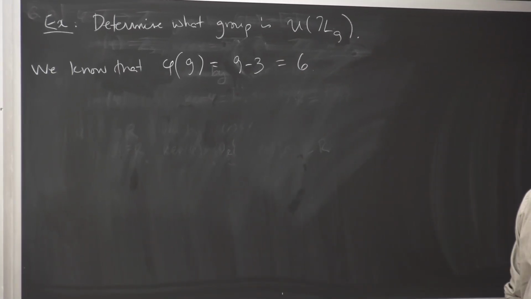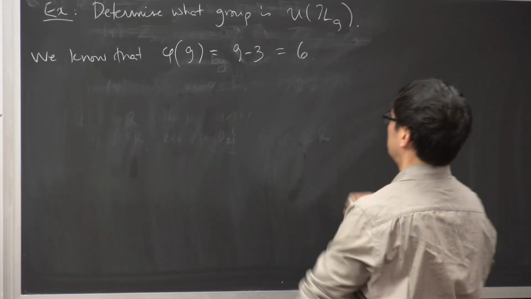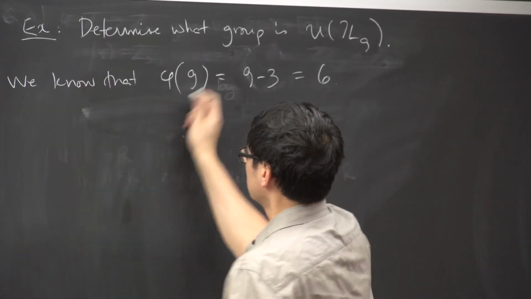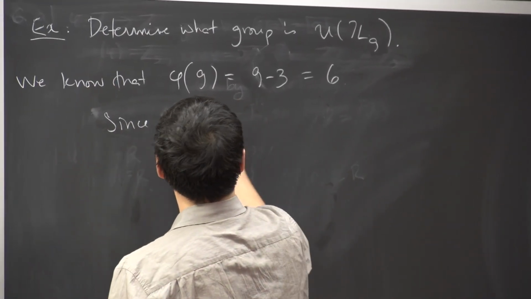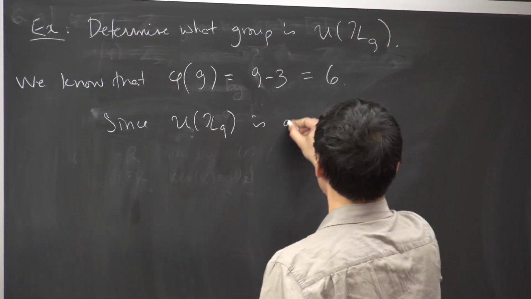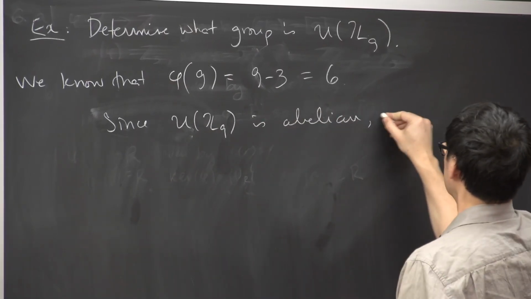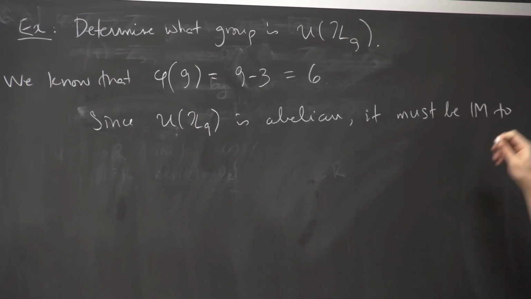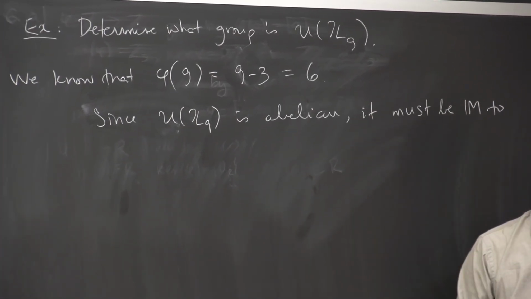That's not such a fun example, because since U of Z9 is abelian, it must be isomorphic to an abelian group of order 6.